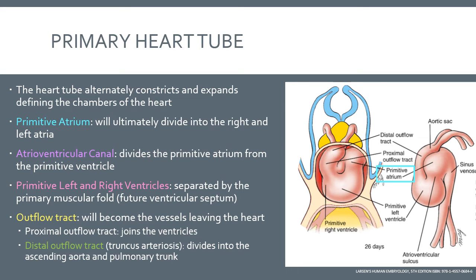So we have the primitive atrium, and then we have what's called the atrioventricular canal. Really, this is just the space between the primitive atrium and primitive ventricle. Okay, but it's defined on the surface of the heart by what's called the atrioventricular or AV sulcus. Anytime you see AV in heart, it's atrioventricular. So the AV sulcus is what's visible from the surface of the heart, underneath of which would be the AV canal.